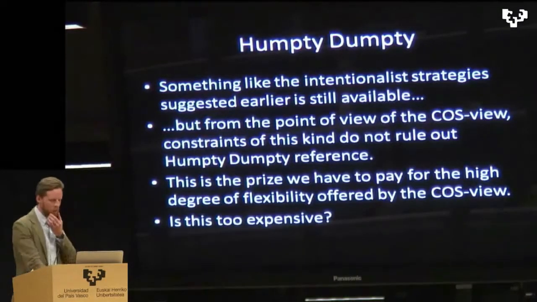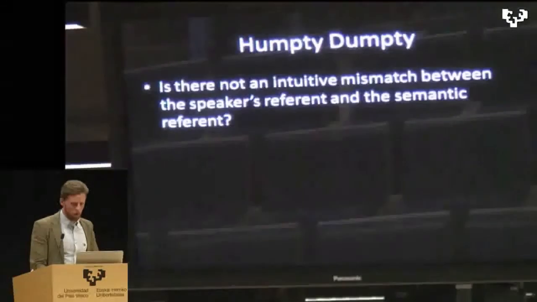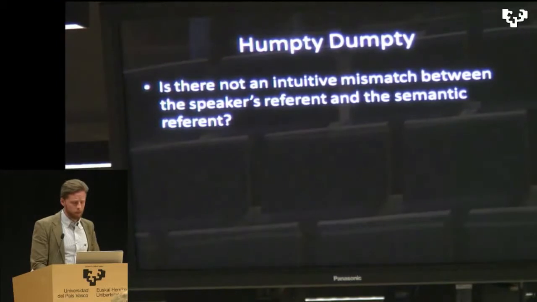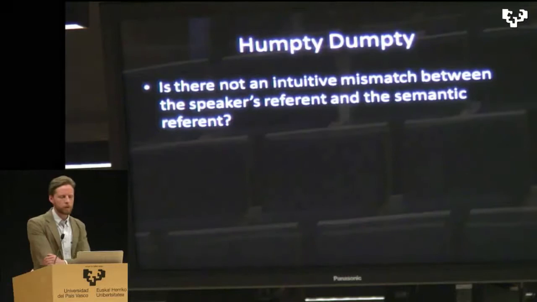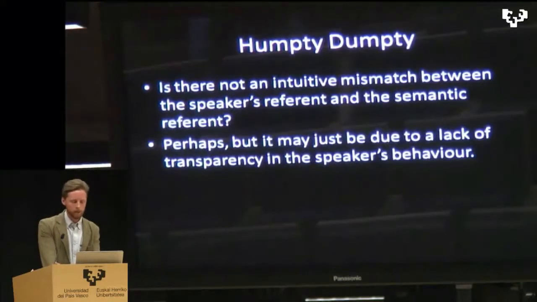So, the question here is, is this too expensive? Is this a price we could possibly be willing to pay? A way to put this question is, is there not a very intuitive mismatch between the speaker's referent and the semantic referent in Humpty Dumpty cases? I think there might be. It depends on the case and whose intuitions you consult.